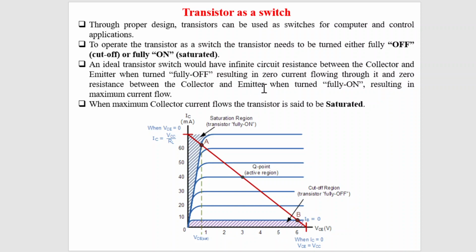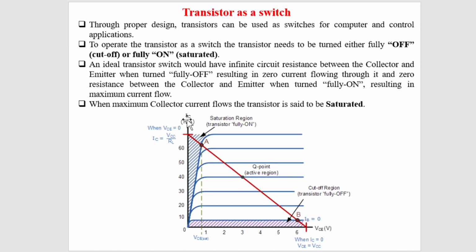That means we have infinite resistance between collector and emitter, which does not allow any collector current, because IC is equal to beta into IB. So if IB equals 0, then IC is equal to 0. That is the situation of cutoff, where VC cutoff is equal to plus VCC.